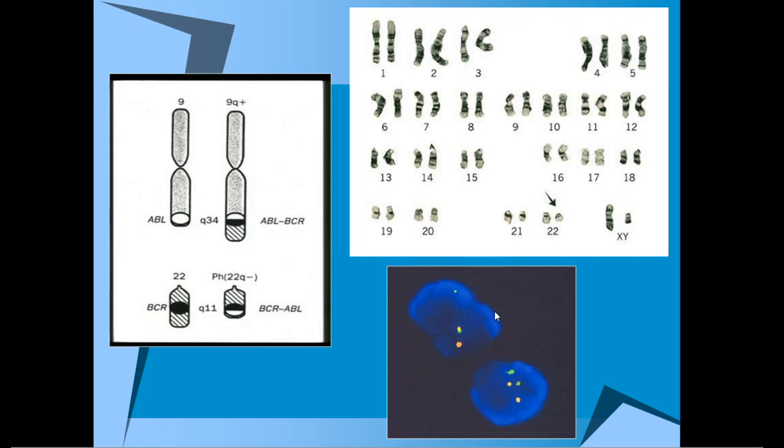And this is exactly this translocation. When we have one green dot, one orange or, classically, red dot, and one dot is combined, so two dots become one, green and red, this one dot is translocation.